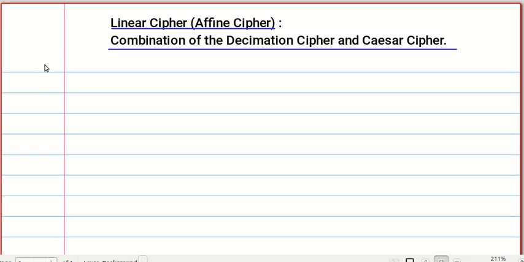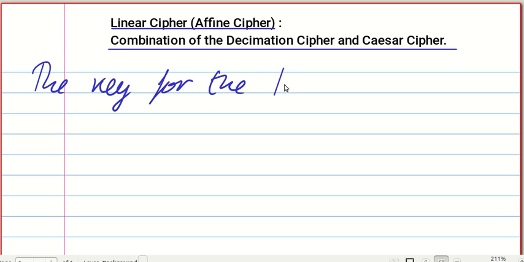And the key for the linear cipher consists of two things.